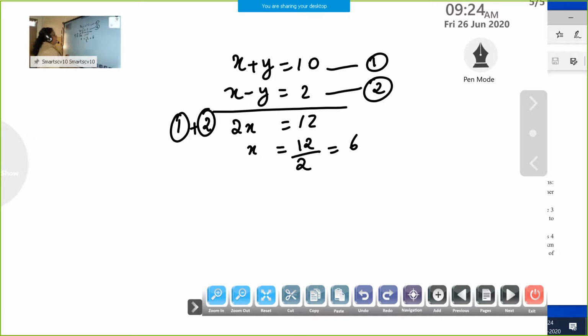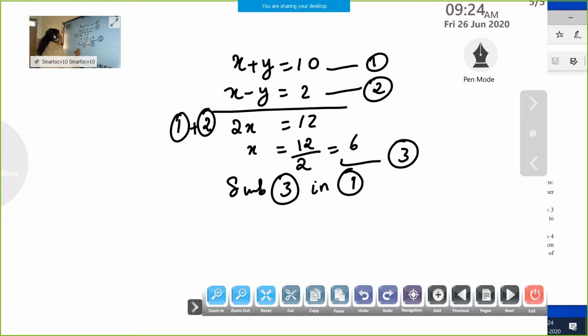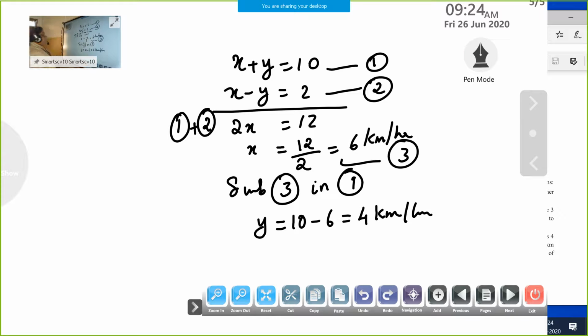Then substituting the value of x in the first equation, x plus y, x is equal to 6, y equals 10 minus 6, that is equal to 4 kilometers per hour. Here x is equal to 6 kilometers per hour and y equals 4 kilometers per hour.